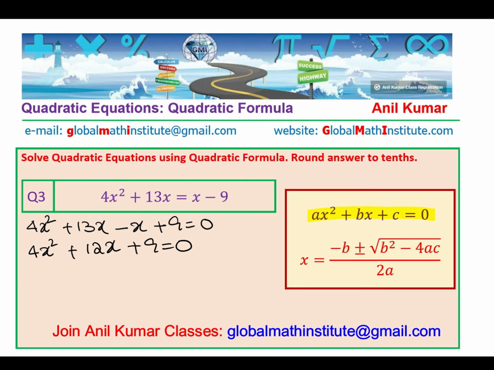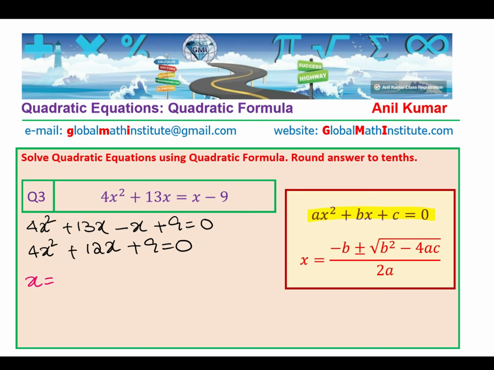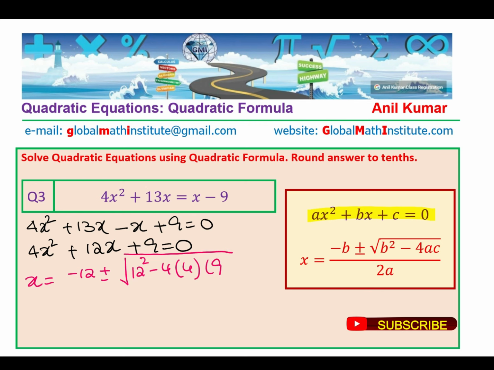Now we are going to apply the formula, and we'll write x equals minus b, which means minus 12. So I'm not separately writing what a, b, and c are now. Is it okay? So plus or minus square root of 12 square minus 4 times a, which is 4, c is 9, over 2 times 4.